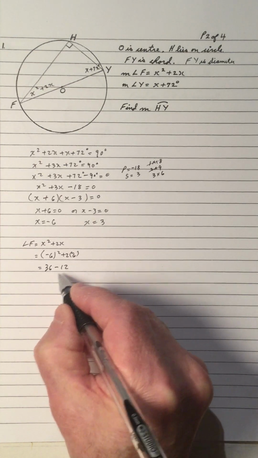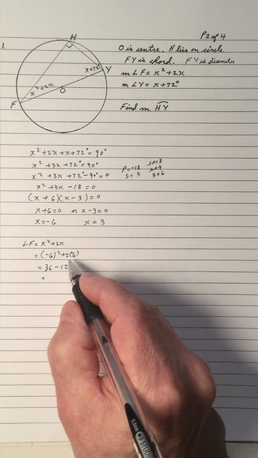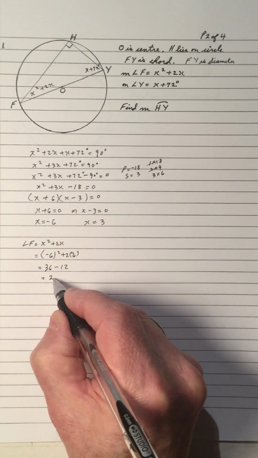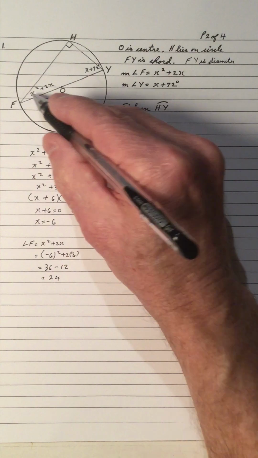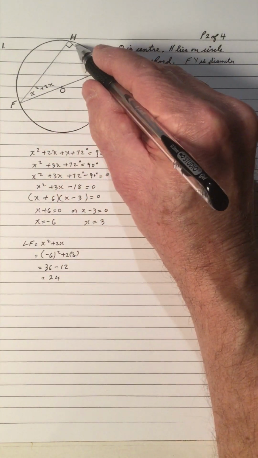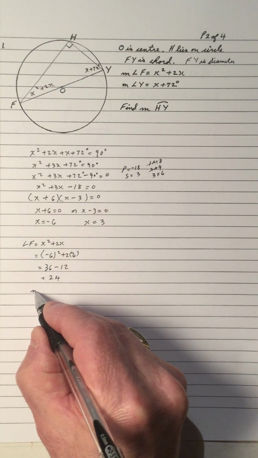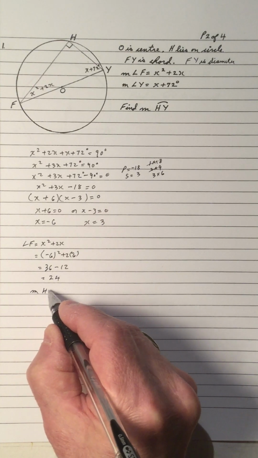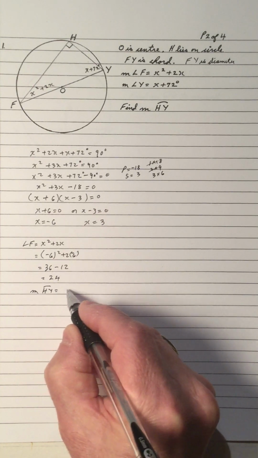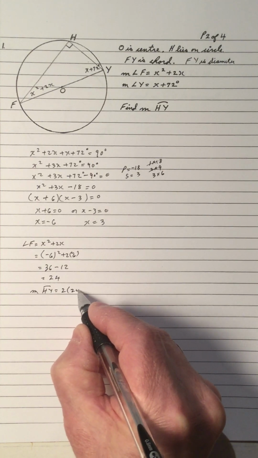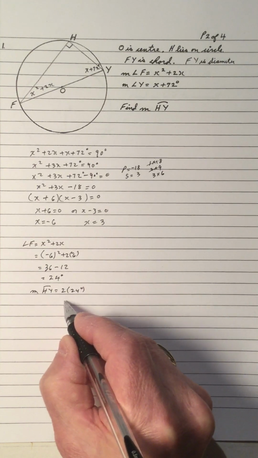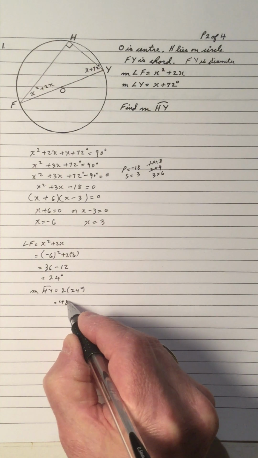That's 36 minus 12, and that gives us 24. If this angle is 24, this angle is half the arc, so the measure of arc HY is twice 24 degrees, so it's 48 degrees.